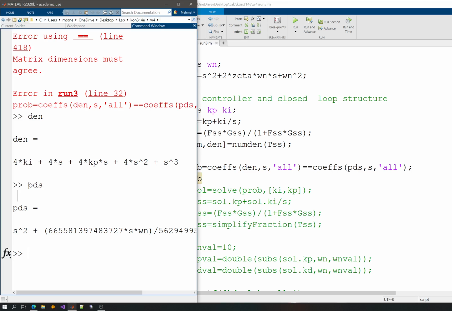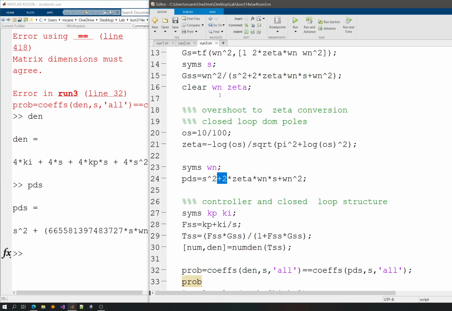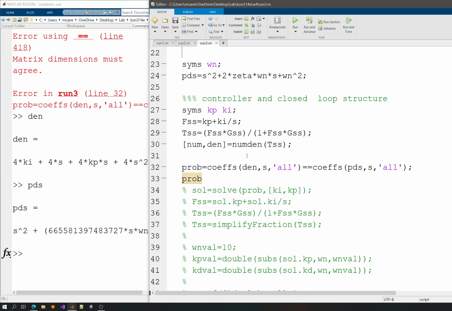Now we can see that our PDS is a third order, where we have the denominator, where we have the controller. Since the PI controller is adding a degree to the original system, which was a second order system, we have a third order system.